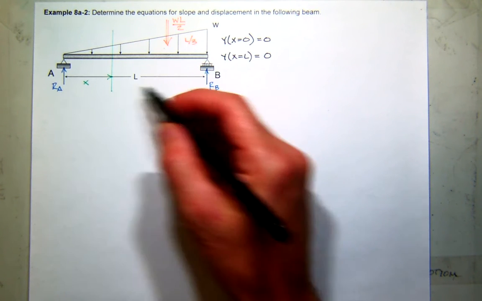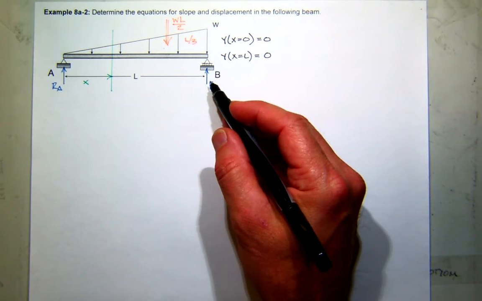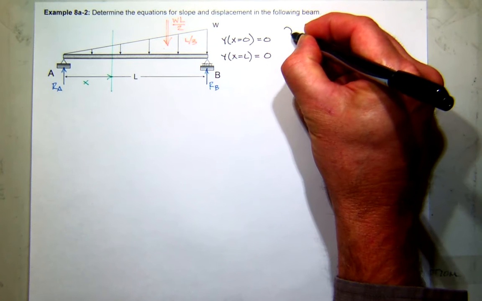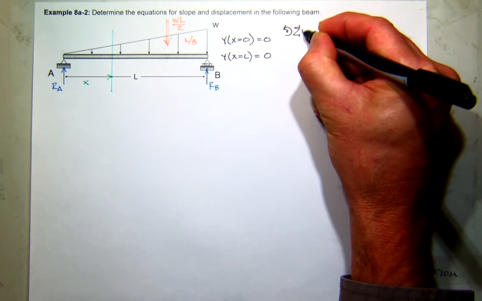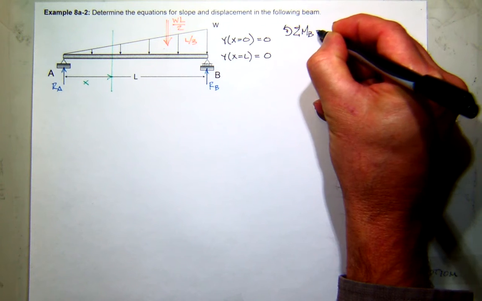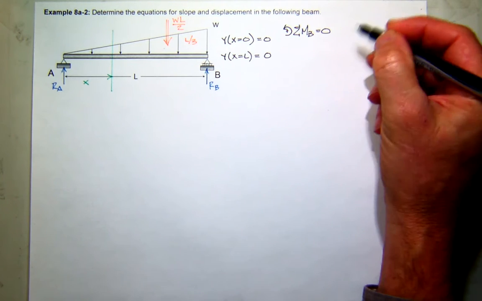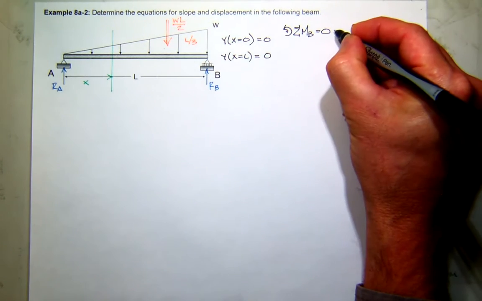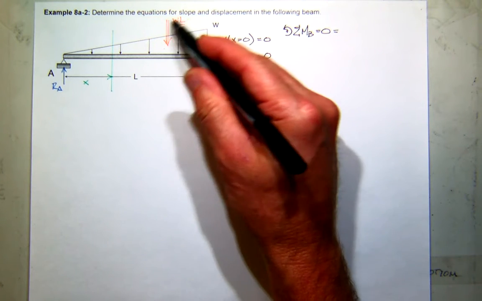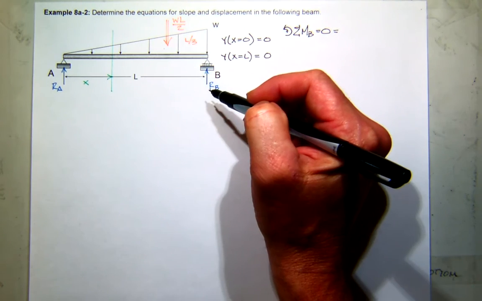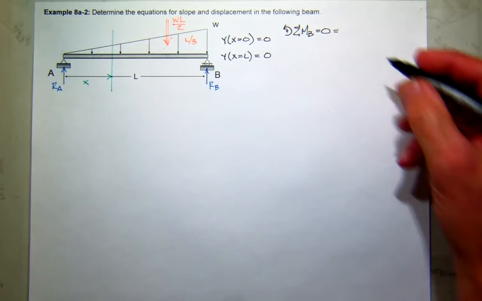To find the reaction at A, I'll sum moments about B. So let's do that first. Using right-hand rule for my sign convention, I will sum moments at B and make sure the system is in equilibrium. I'm going to start here at B. The concentrated equivalent force creates what kind of moment about B? Positive or negative? Positive.